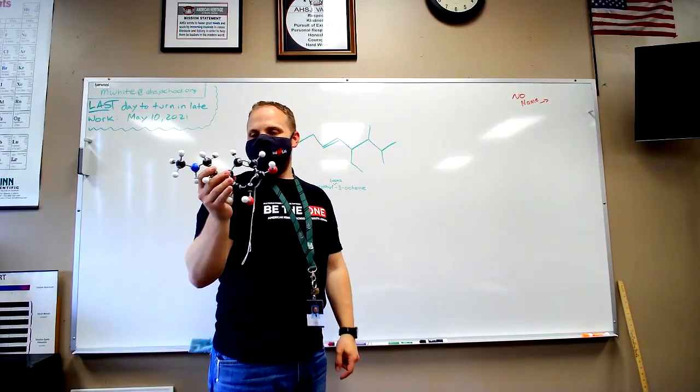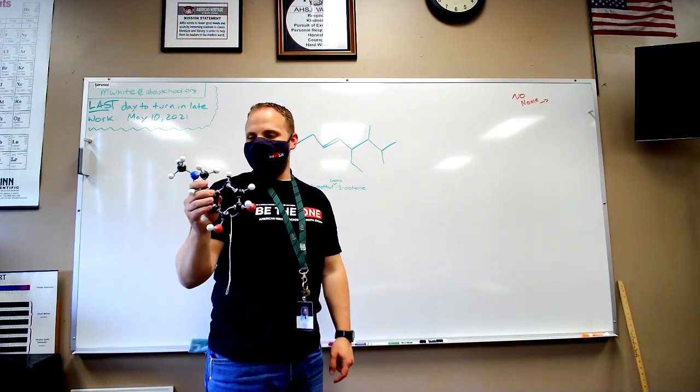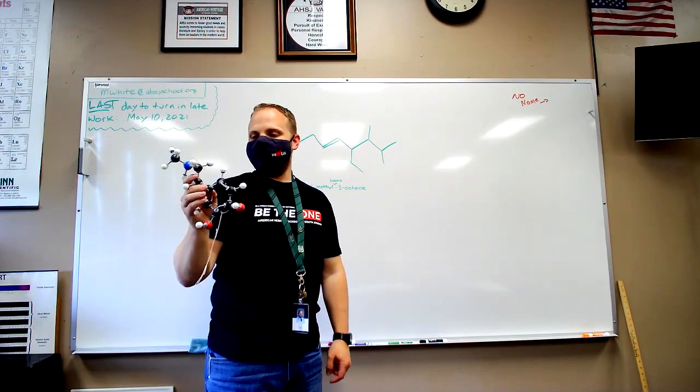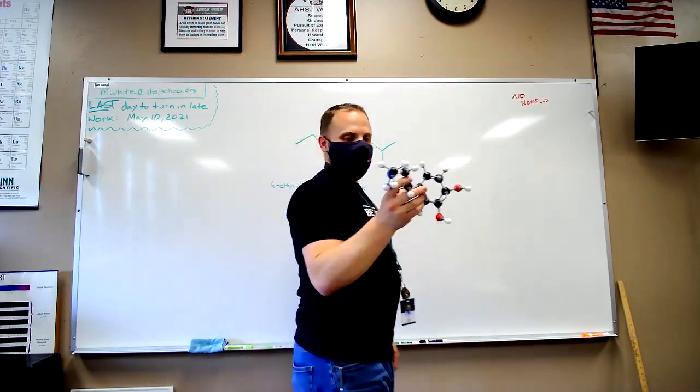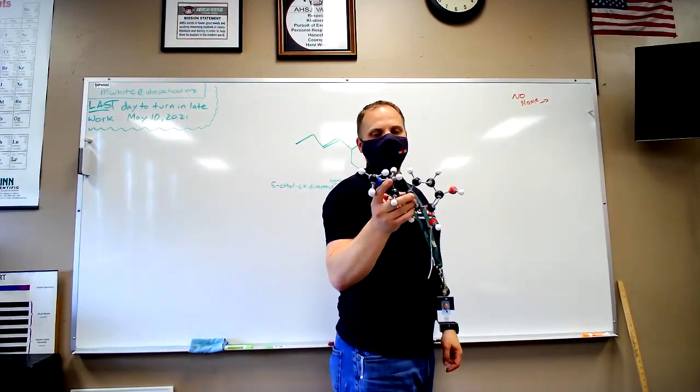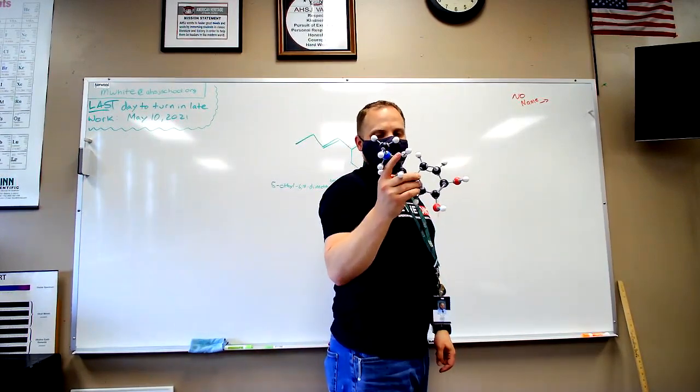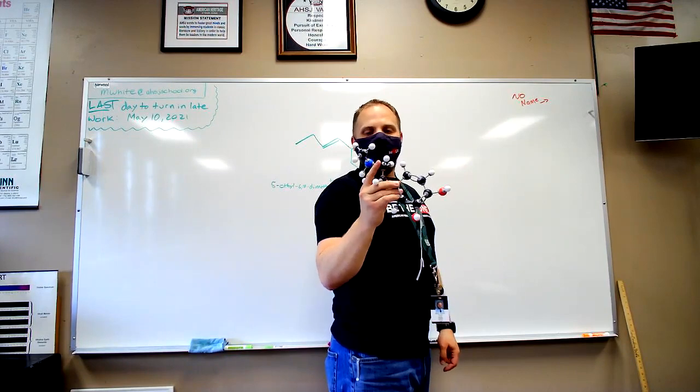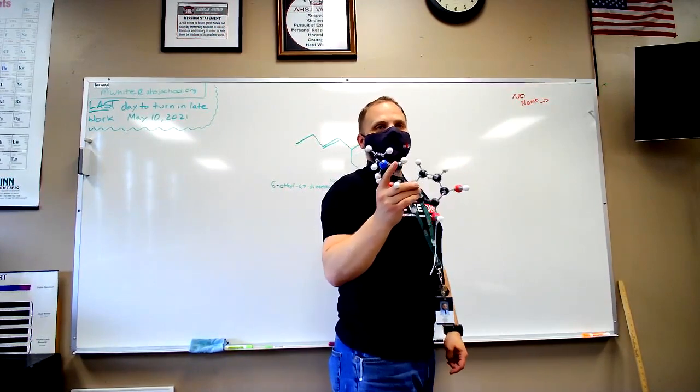Yeah, I'm not going to ask you to name this because it's got all sorts of functional groups. Honestly, I don't even know the official IUPAC name off the top of my head. I'd have to sit down and work it out, and most likely I would just look it up.